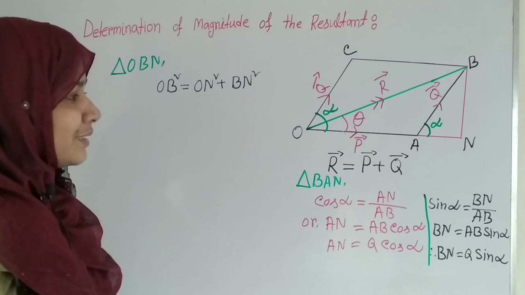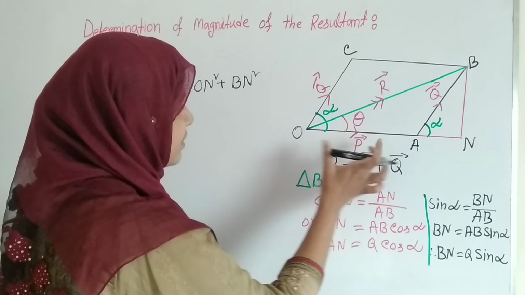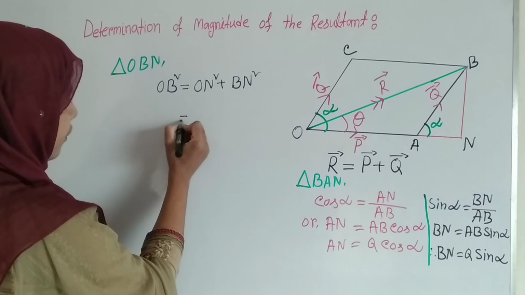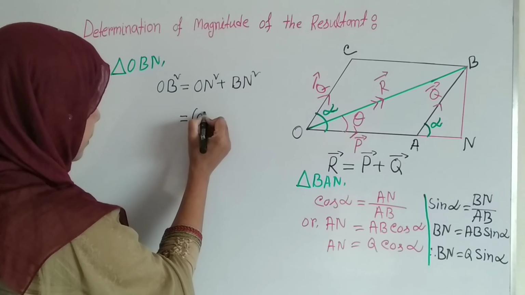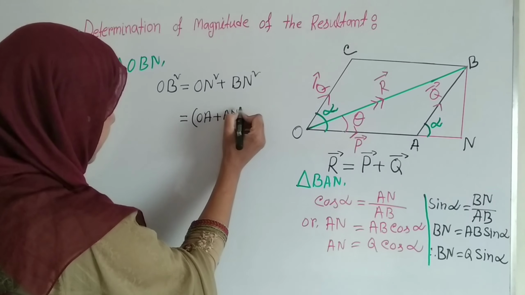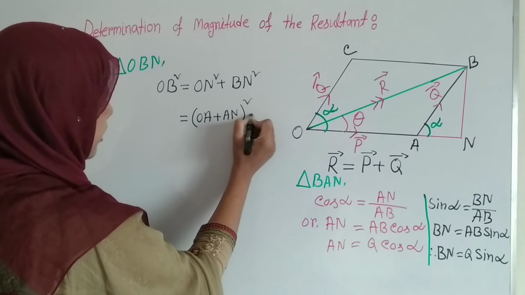Now you can see that ON means OA plus AN. So instead of ON we can write (OA plus AN) whole square plus BN square.